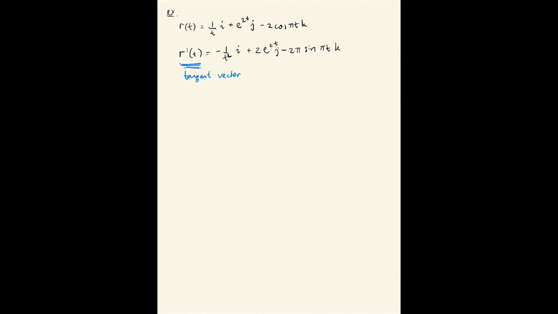And then you also have the term tangent line. The tangent line is a line through some point, maybe P, and it's parallel to r prime t.